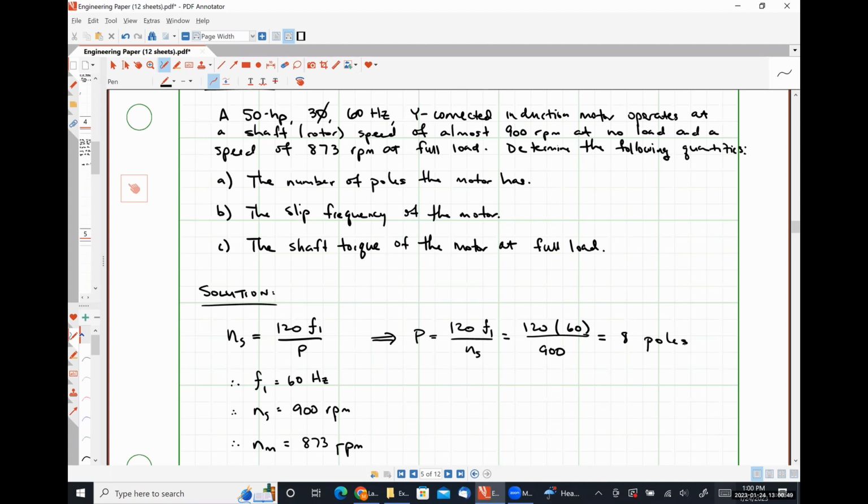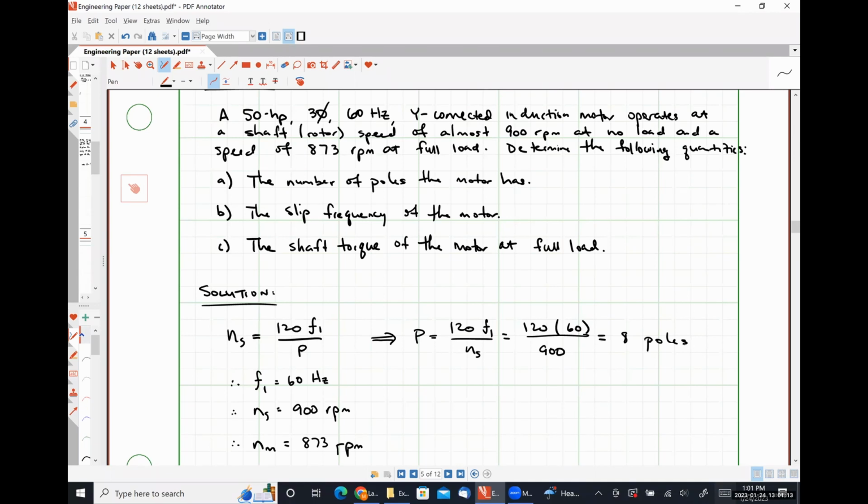So if we had, this is an aside, this isn't part of the problem here, right? So if we're in the United States and we have a 2-pole machine, the synchronous speed is always going to be 3,600 RPM.